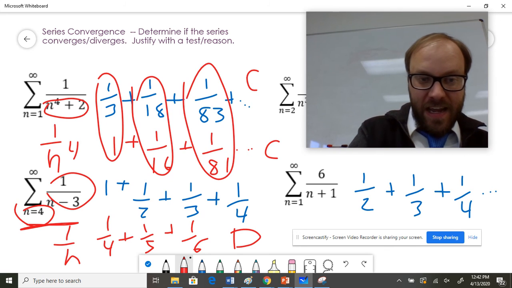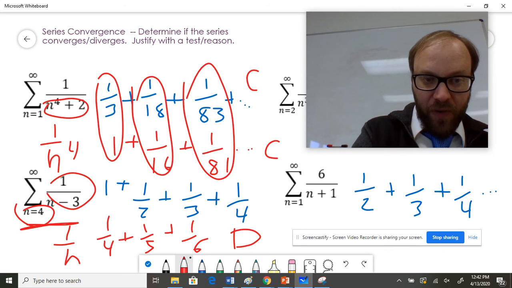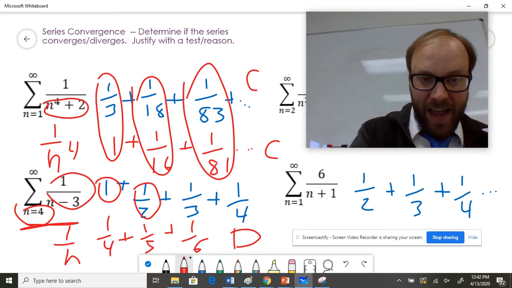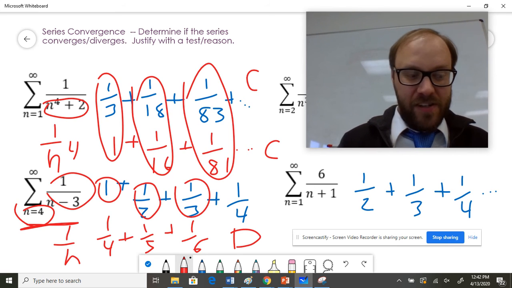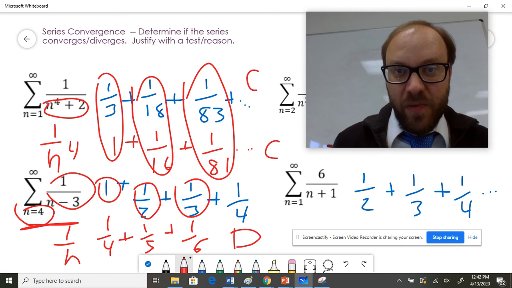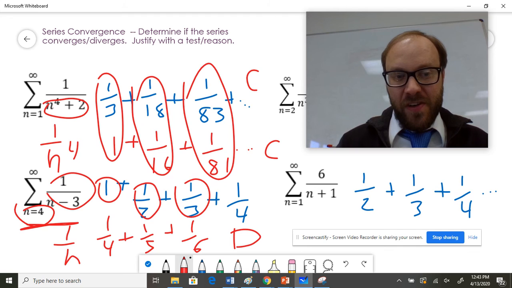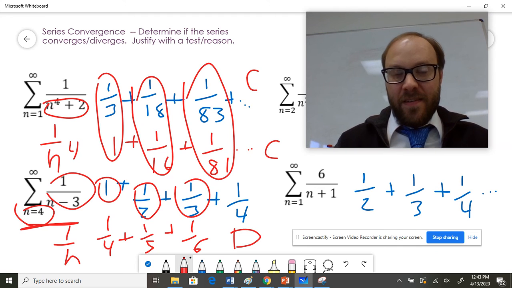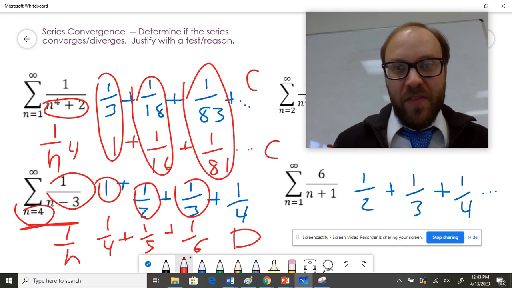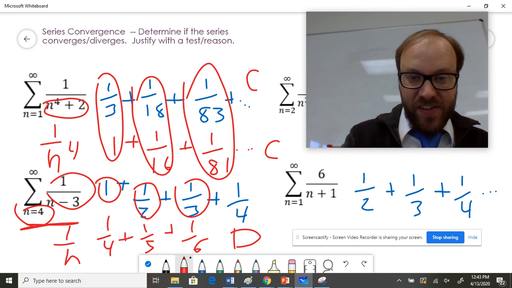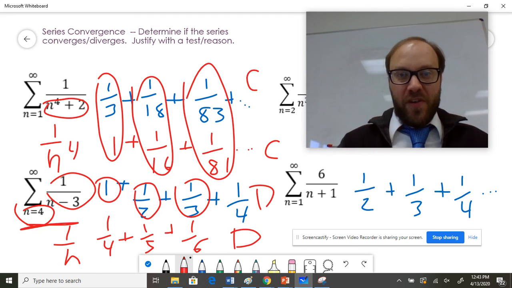These terms are all greater: 1 is bigger than a fourth, 1/2 is greater than a fifth, 1/3 is greater than a sixth. I have a series in which all of the terms are greater than or equal to terms of a series that diverges. So by the comparison test, sometimes called the direct comparison test, this series will also diverge.